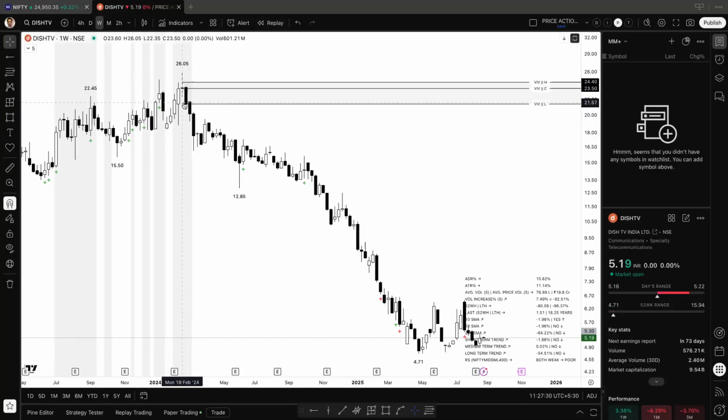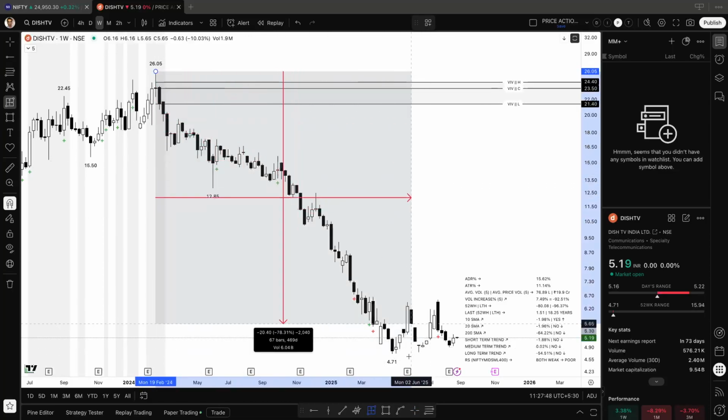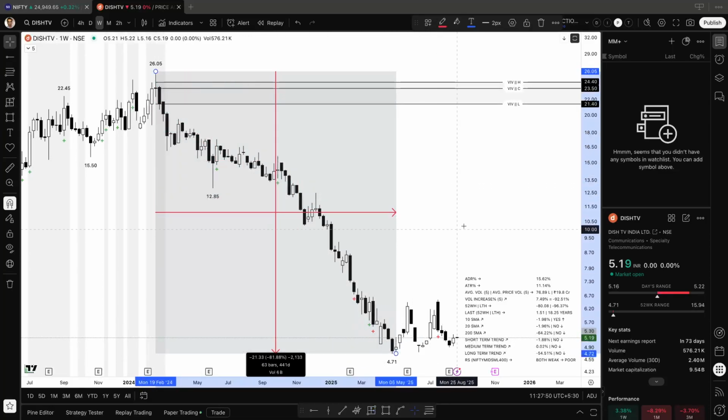The second red flag was the low was broken, and the third red flag was that the trend got changed, the background got changed. You can see that the stock has corrected from that level by almost 81%.